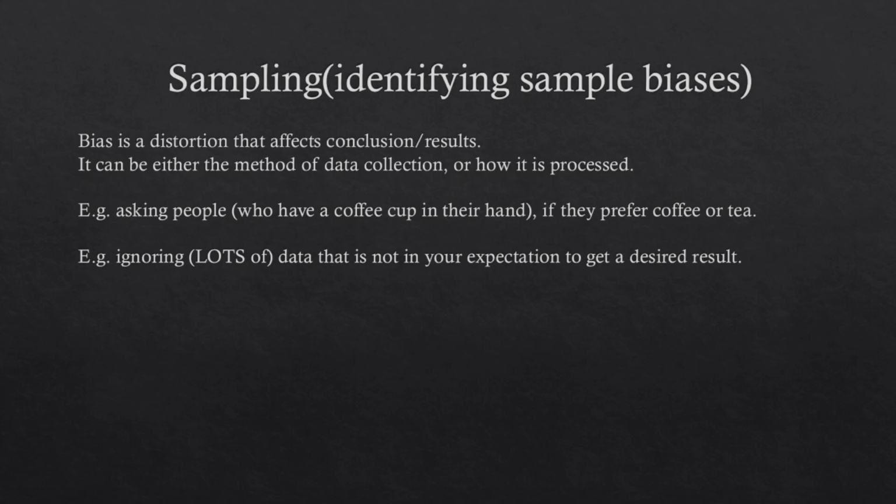Now, with the coffee example I've given you, you probably would have noticed there was a lot of bias. If you go into a coffee shop and ask people what their preferred drink is, they're probably going to say coffee. So that is a bias. A bias is a distortion that affects your results. It can be during the method of collection of your data or how it's being processed.